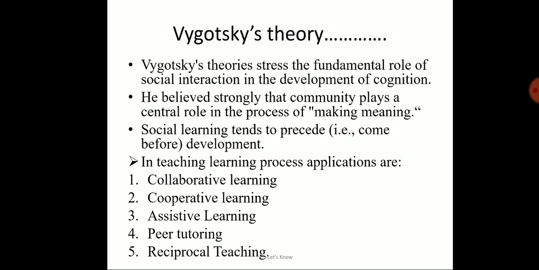Here, reciprocal teaching, that means the teaching process is not unidirectional, it is multidirectional, where students also take an active part. They also communicate, they ask questions to the teacher, the teacher asks questions to students, and students among themselves also ask questions and discuss. This is reciprocal teaching.